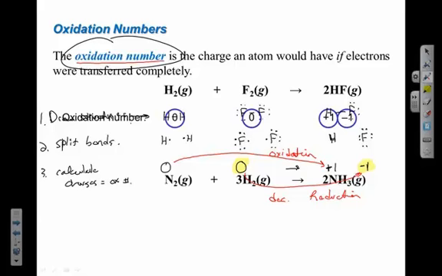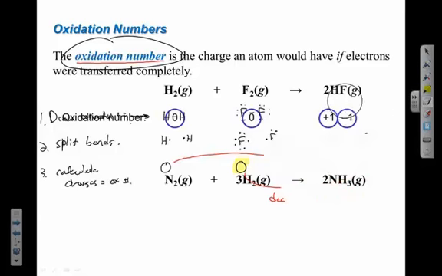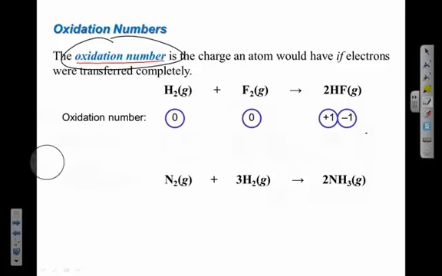So if we look at another example here, sticking with the same method, first thing we want to do is draw the structures. So good thing we have that skill from earlier in the semester. Then we want to break the bonds. Allow them to be transferred completely, either breaking them evenly, which is called homolytically, or unevenly, which is called heterolytically.